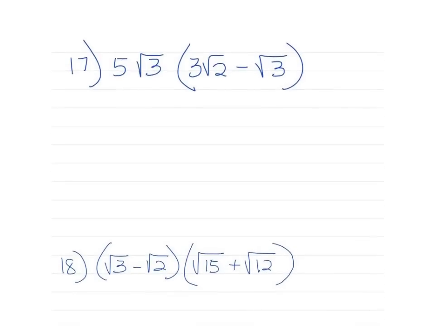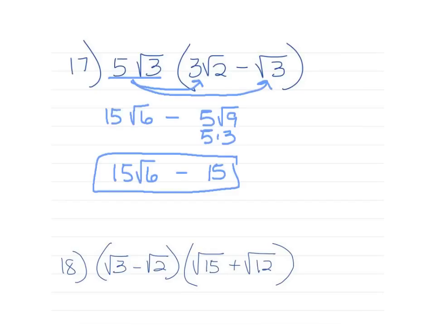Okay, number 17 on your own. Number 17 is 15 radical 6 minus 15. Okay.